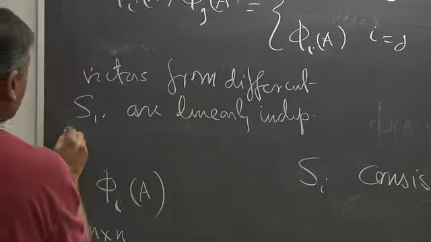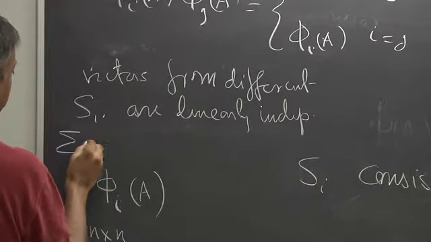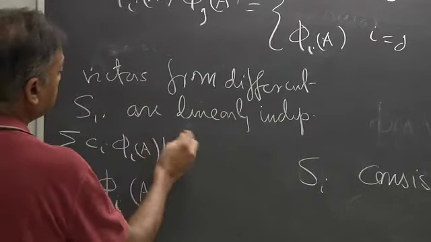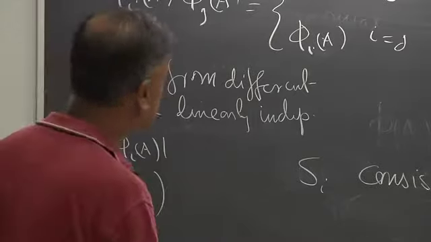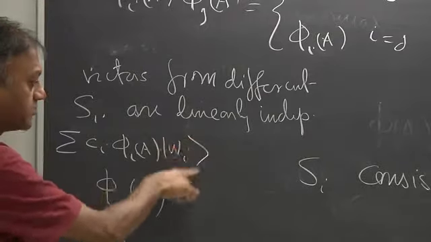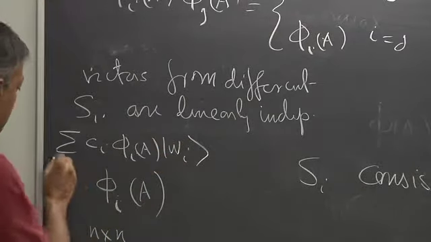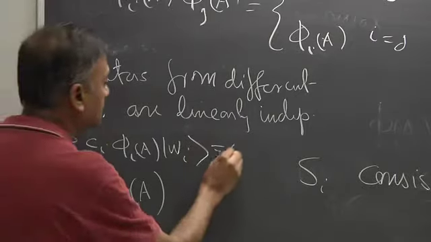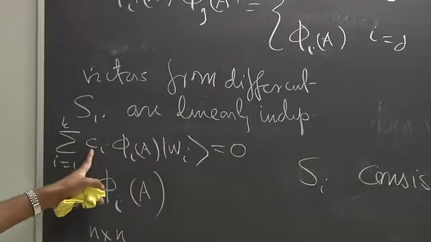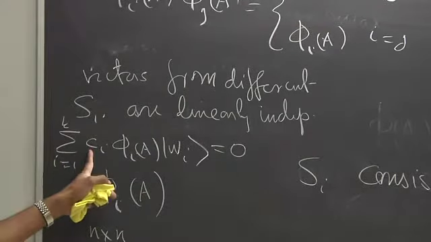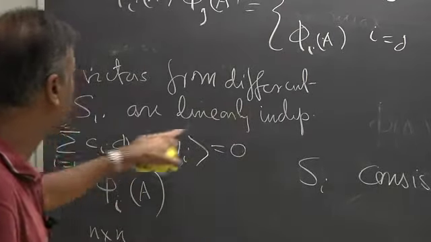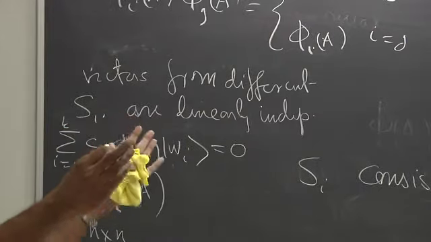Which means that if you look at an equation of the form sum of c_i phi_i(A) acting on some vectors w_i, which need not belong to S_i and are arbitrary vectors of S, with i going from 1 to k, and you try to solve this equation equal to 0, then necessarily all the c_i's must be 0. Therefore, these are linearly independent. That was the proof of the statement that vectors from different S_i are linearly independent of each other.